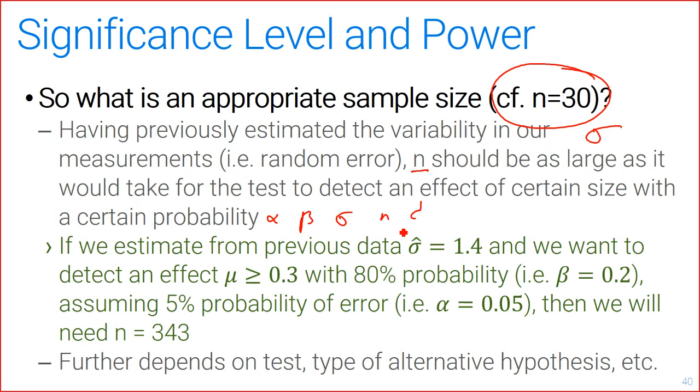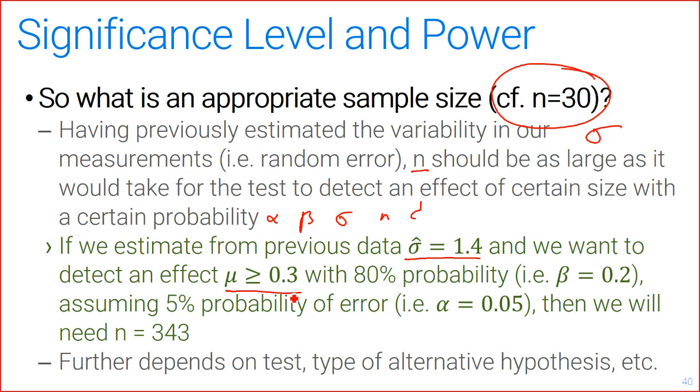So let's say we estimate from some previous data that the variability in our data is 1.4. This is an estimation for how much variation there is in the population. Let's say we are interested in detecting an effect of at least 0.3. So 0.3 or larger.